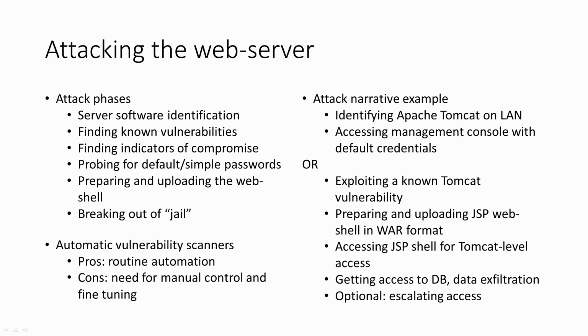So if we are really unlucky and someone has previously compromised that web server, we might possibly find these indicators of compromise, which could be some changes in configuration made in order to implement persistence in the system, or these trivial web shell files that are placed into web server directories, and the attacker has not cleaned up after themselves.